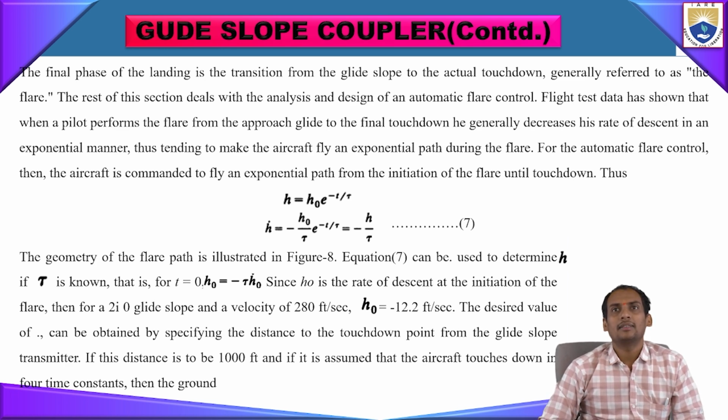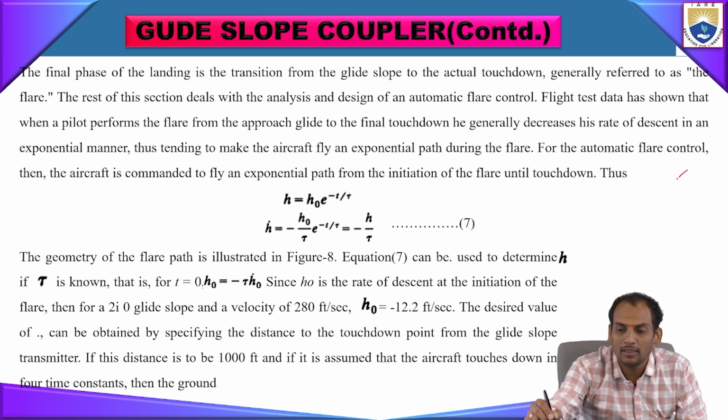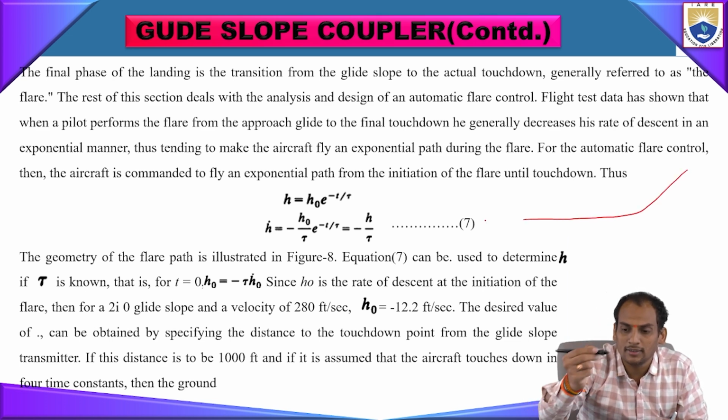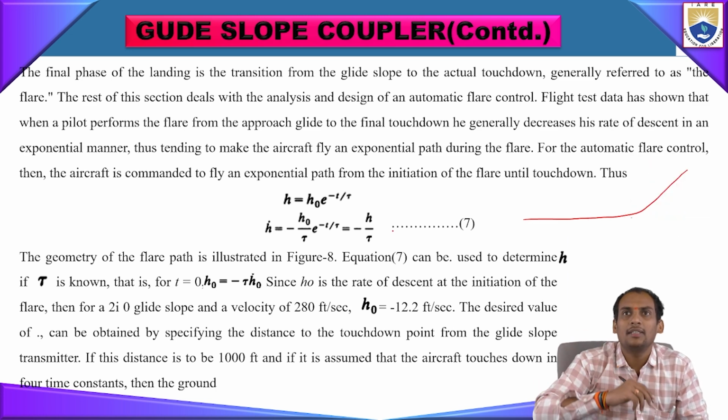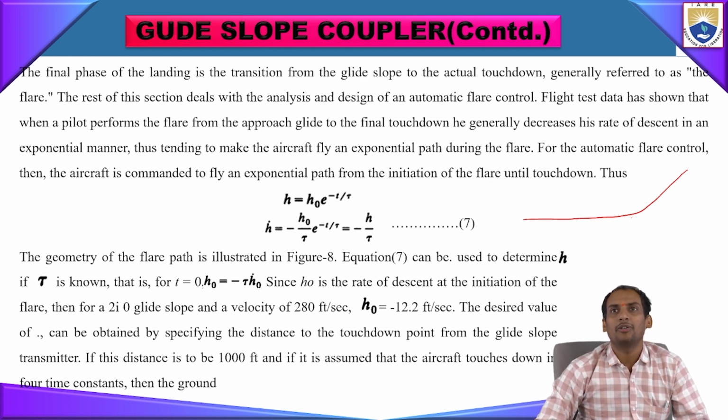So the transition from the glide slope to the touchdown, maybe it is gliding like this, and then it touches here and goes on. That transition is called the flare position only.